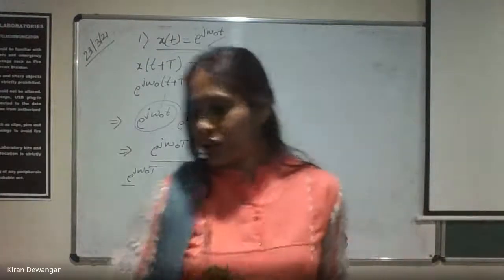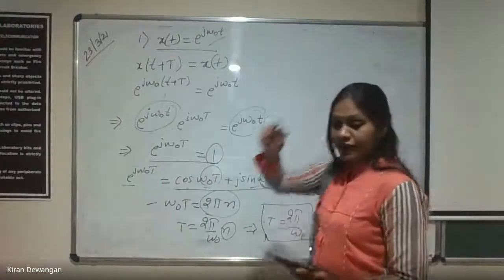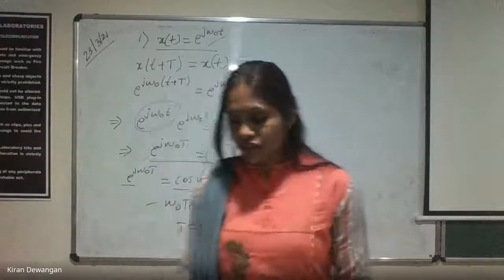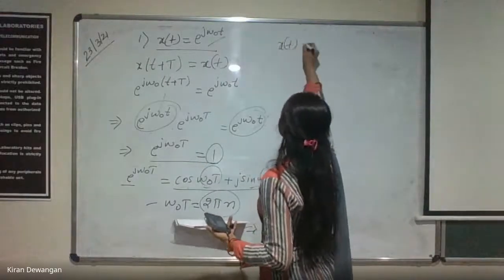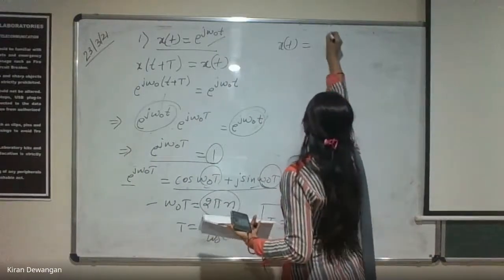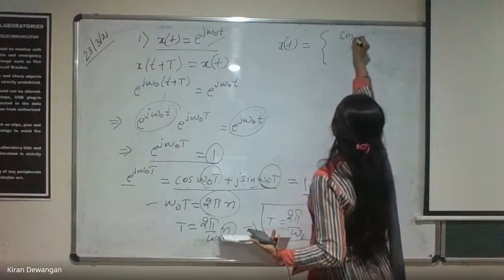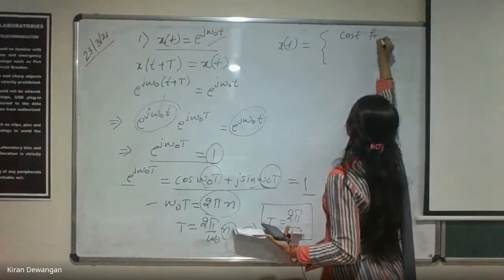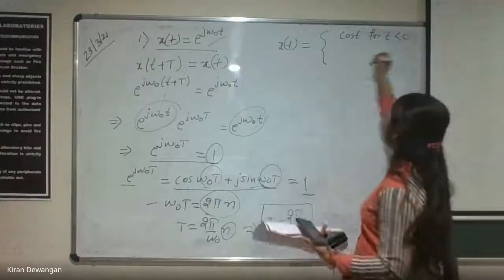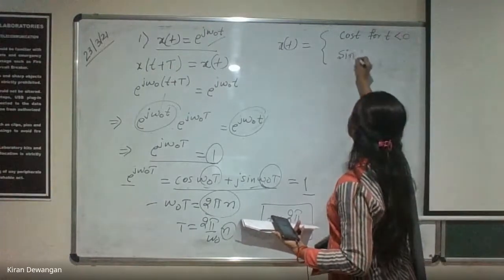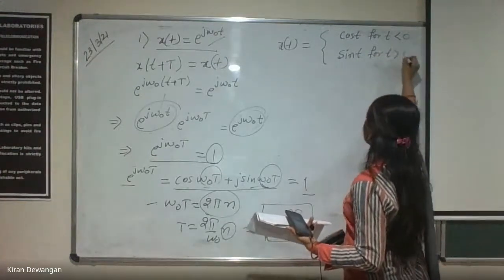Now let me give you another question. Find the periodicity of the signal. x(t) is given by cos t for t less than 0, and sin t for t greater than 0.